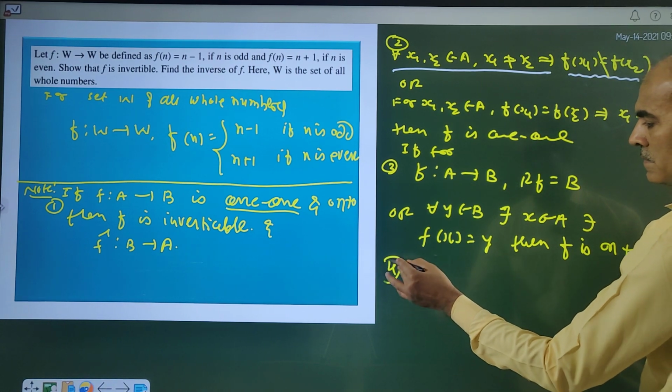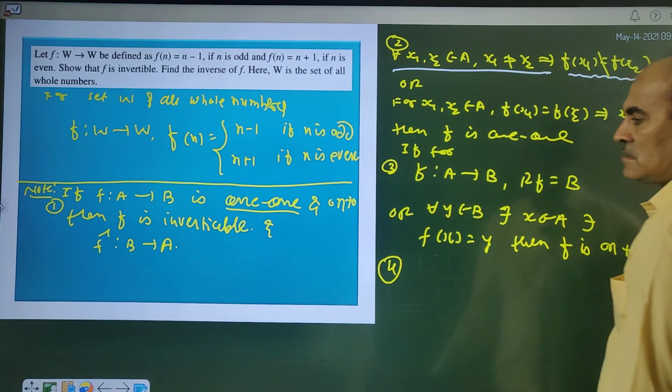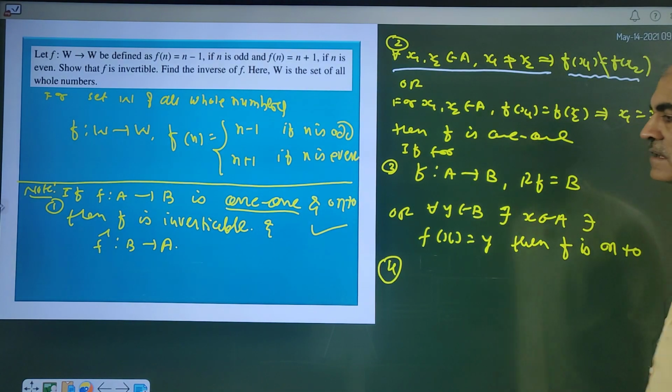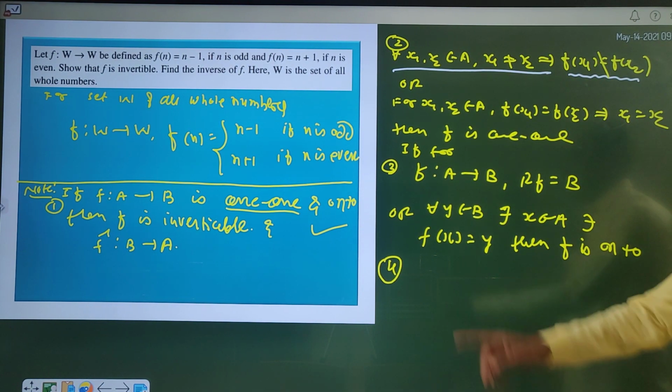And the fourth one: this is the first way to check whether a given function is invertible or not, as per the previous sum.